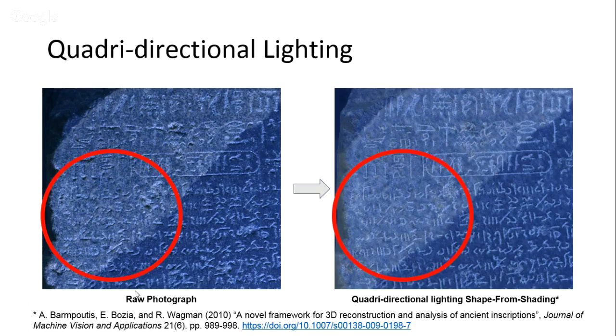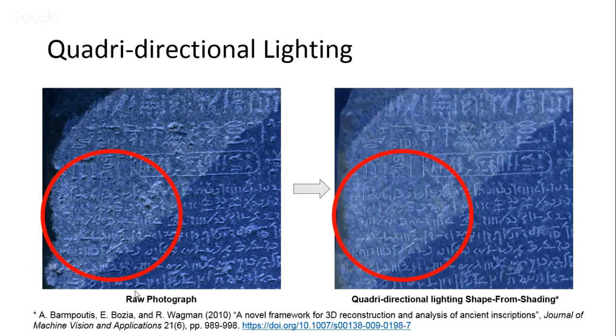By combining the 4 pictures that you saw in the previous slide, we reconstruct the shape, and we can remove all the shading and the shadows that appear there, which reveals a depth map of this generally flat surface.